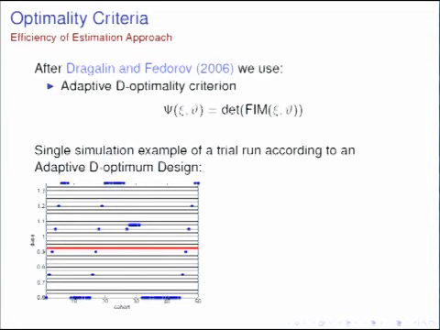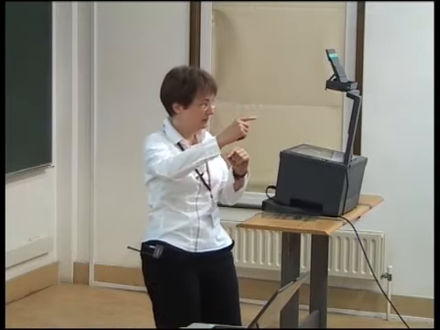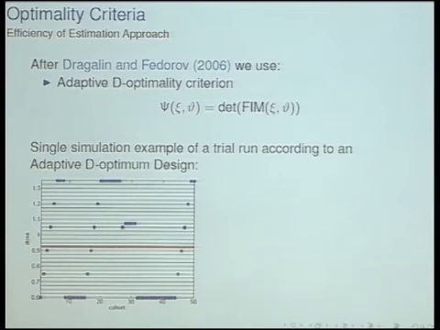The only thing which I have to mention here, which I forgot last time, is that these jumps of doses are sort of regular because we assume that we cannot jump more than some distance in the dose. Without this skipping limit, this would most likely jump from here straight to here.